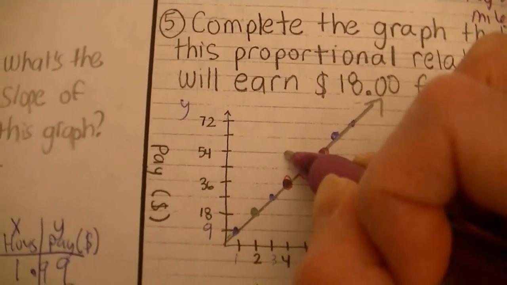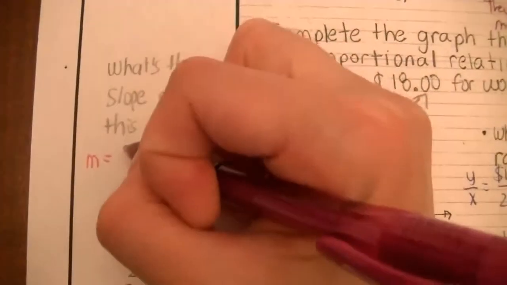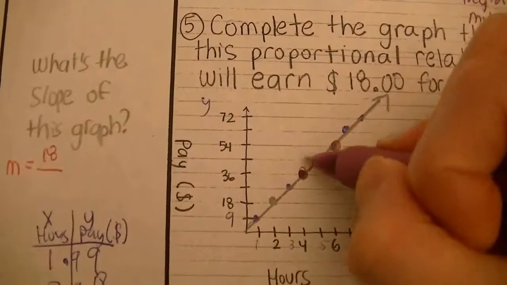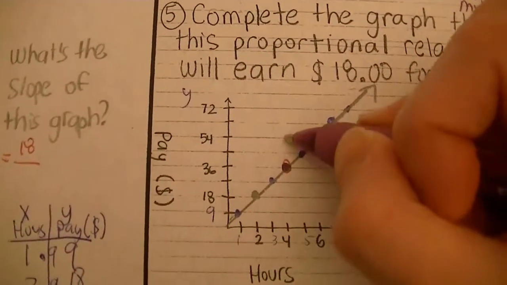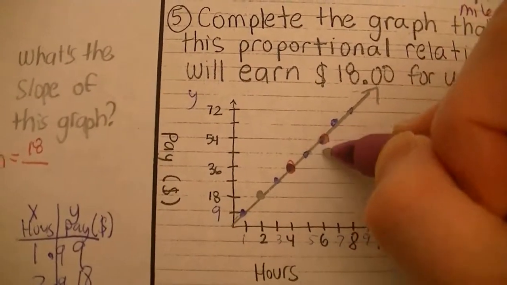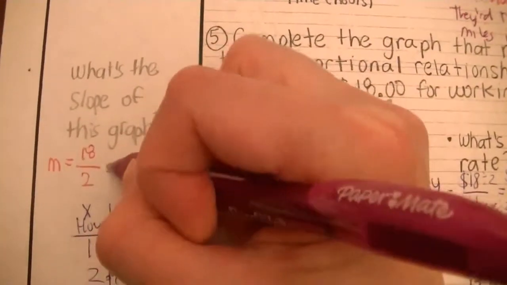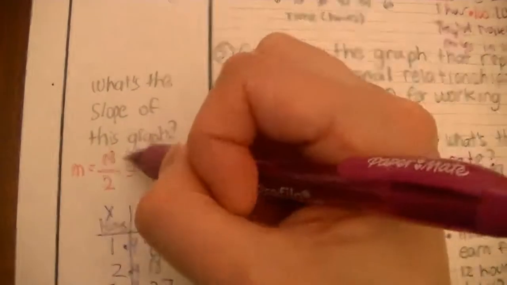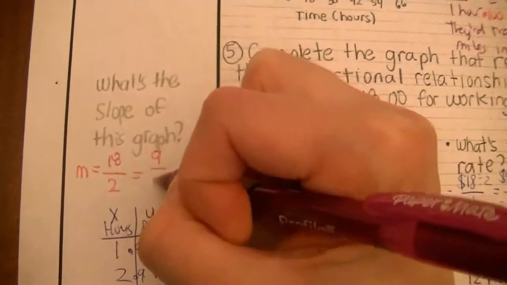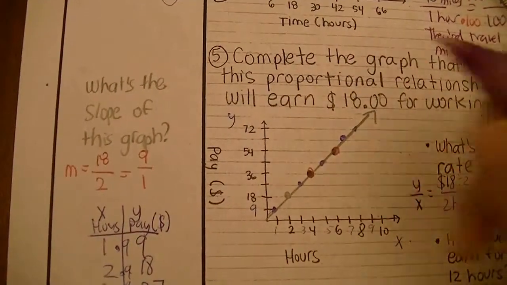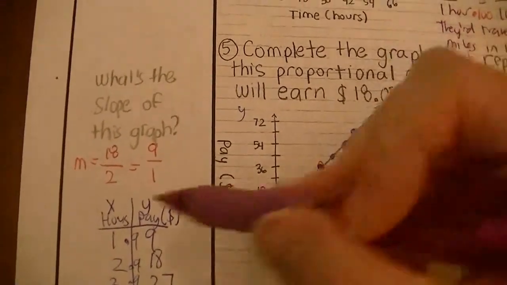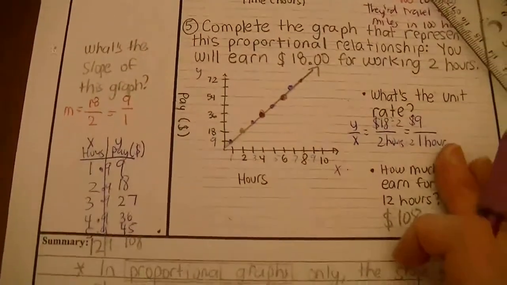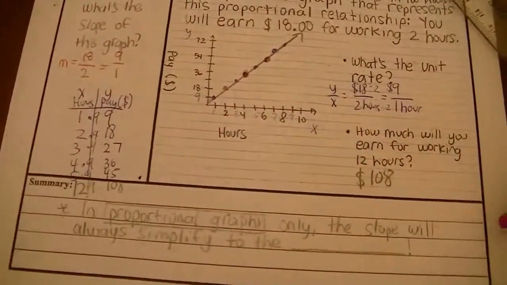That's 18. And then to the right, this is counting by 1. So to the right, 1, 2. Okay, let's go ahead and simplify that slope. Divide by 2, divide by 2. There we go. Okay, you could have also done from here to here. It doesn't matter. It's going to simplify all the way down to the same exact number.